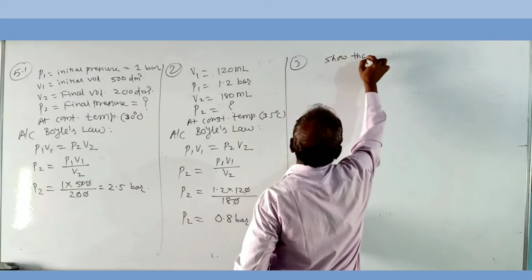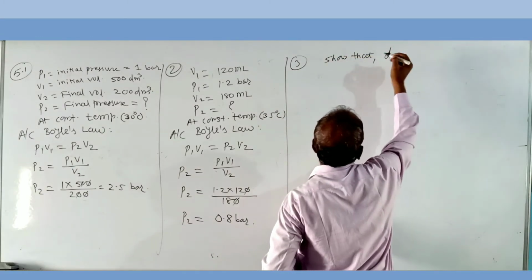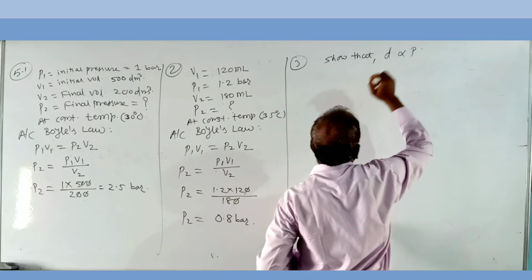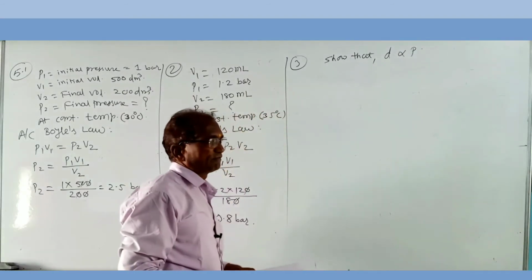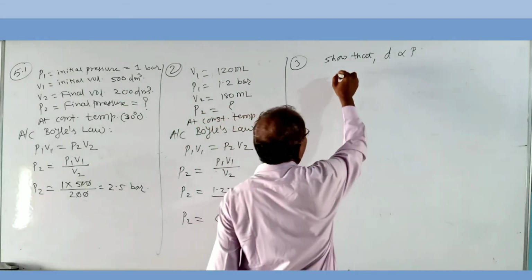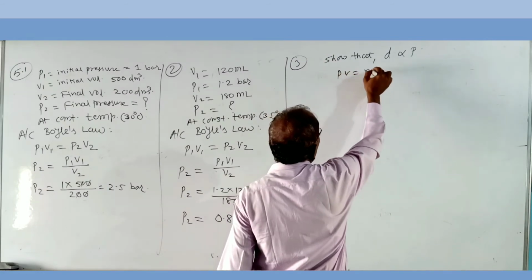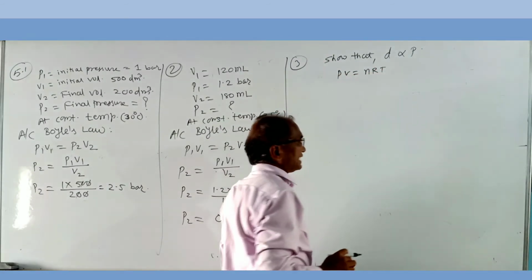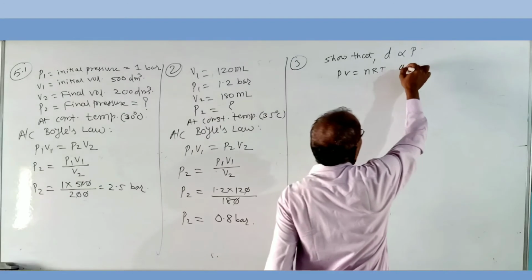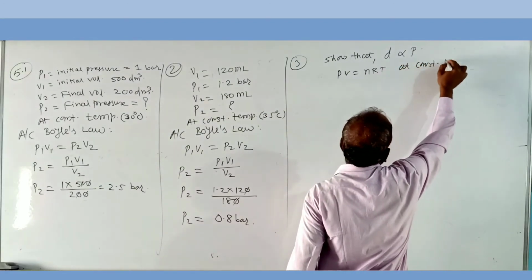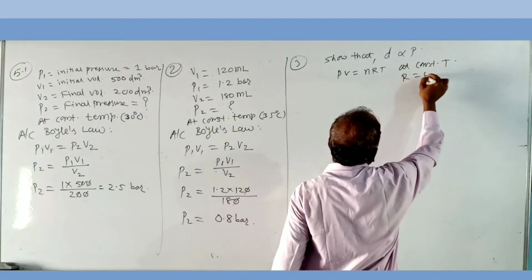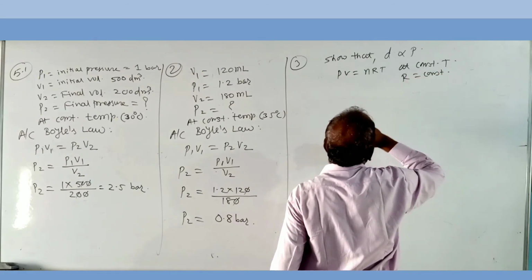Show that density of gas is directly proportional to the pressure of gas. Using the ideal gas equation, PV is equal to nRT at constant temperature. R is constant, right?